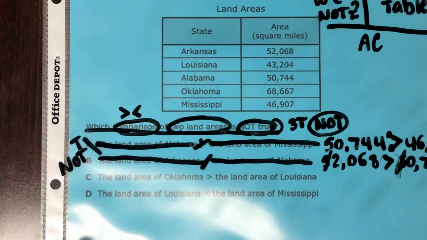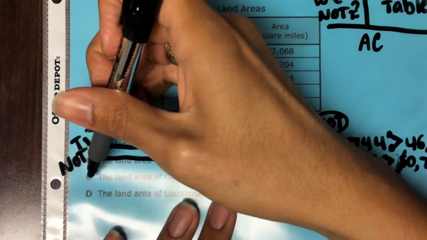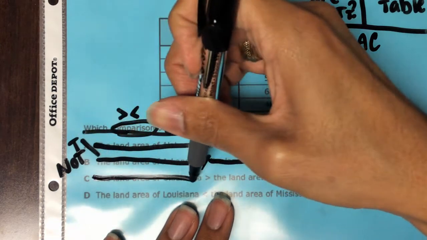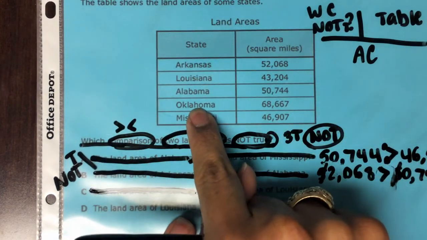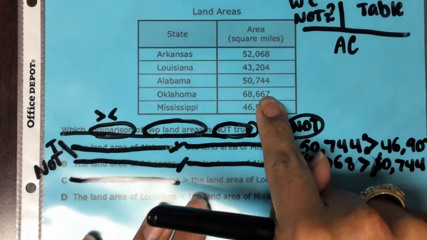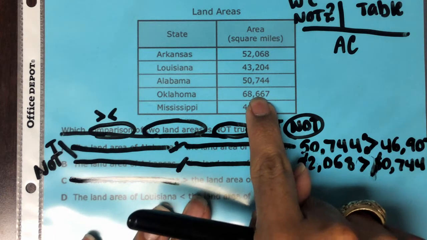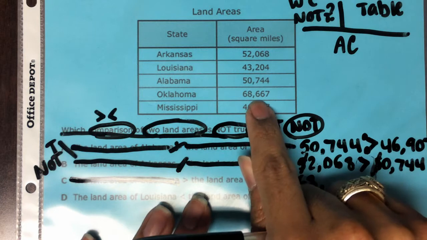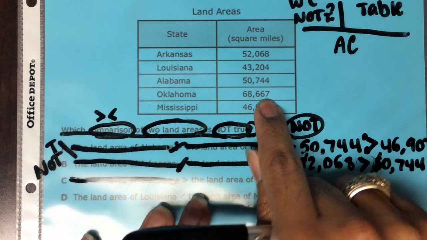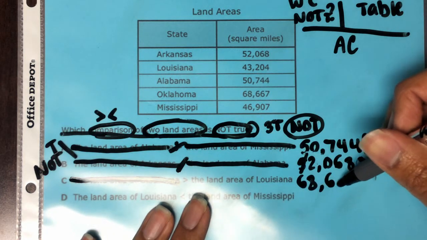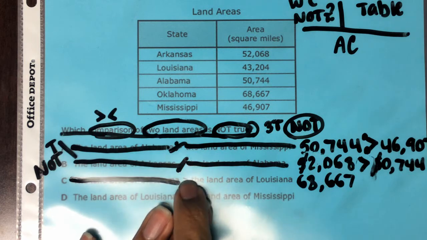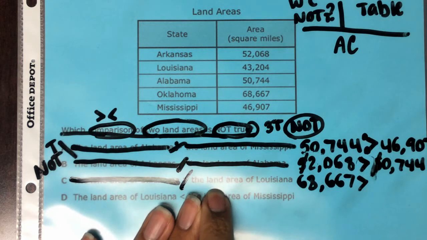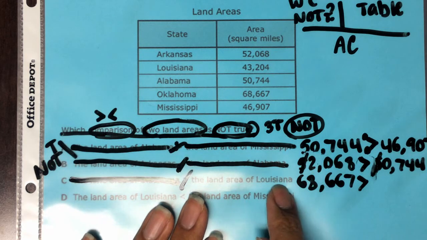That could maybe be my answer, so I'm just going to leave it there for now and move on to C. On C, let's find the land area of Oklahoma. Let's cross it off. Oklahoma is right here. I'm going to copy down this number off to the side, 68,667, and copy that symbol. Now I need to find the land area of Louisiana.